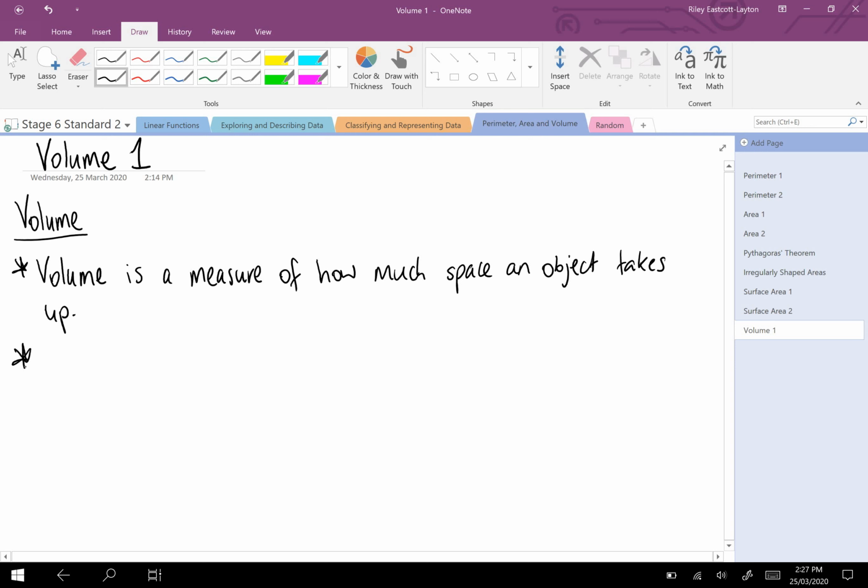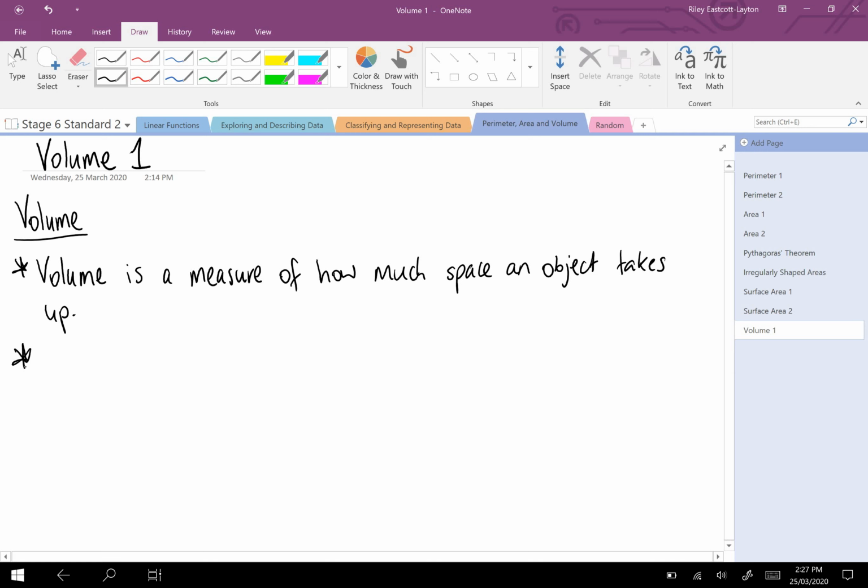Now when we express volume, we have to use units of length, so meaning millimeters, centimeters, meters, kilometers, but because we're dealing with a three-dimensional object, it has to be cubed.